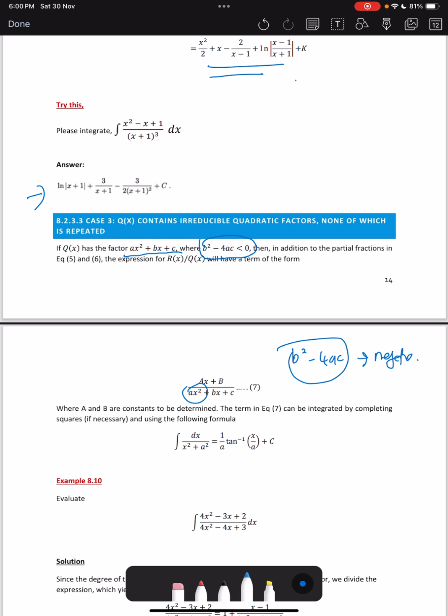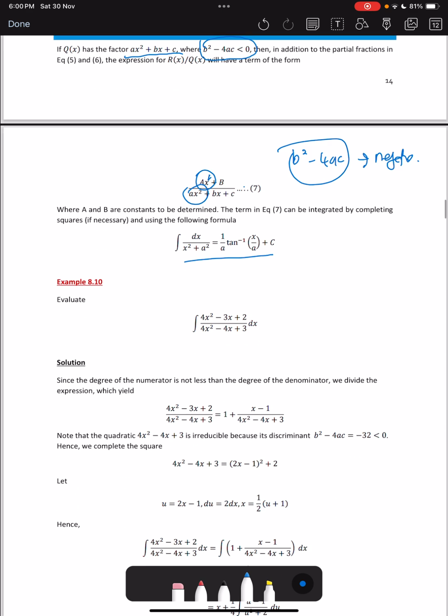So the way to solve it is you make a partial fraction. So it becomes Ax plus B here. Now it reduces one order here. For example, where A and B are constants to be determined, the term in equation 7 here can be integrated by completing the square if necessary, as shown using this kind of formula. So let's say we look at this example here.